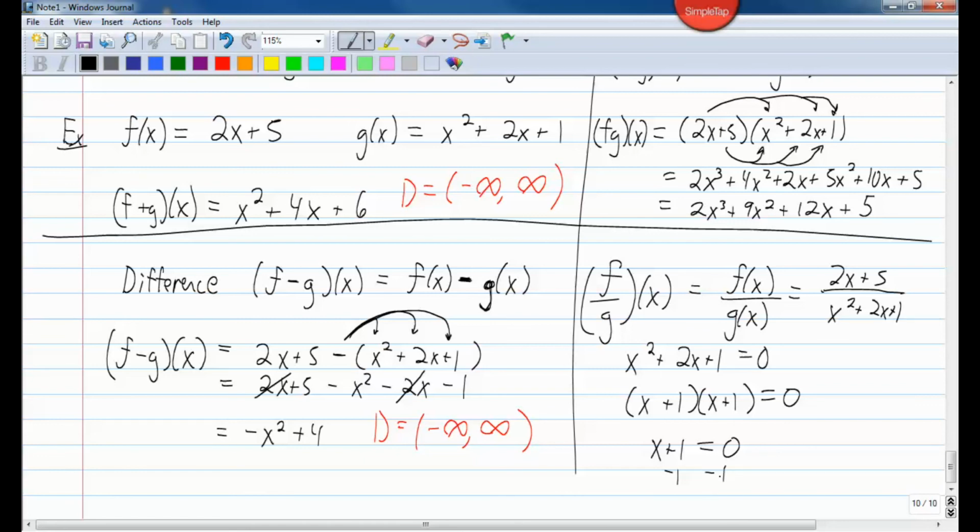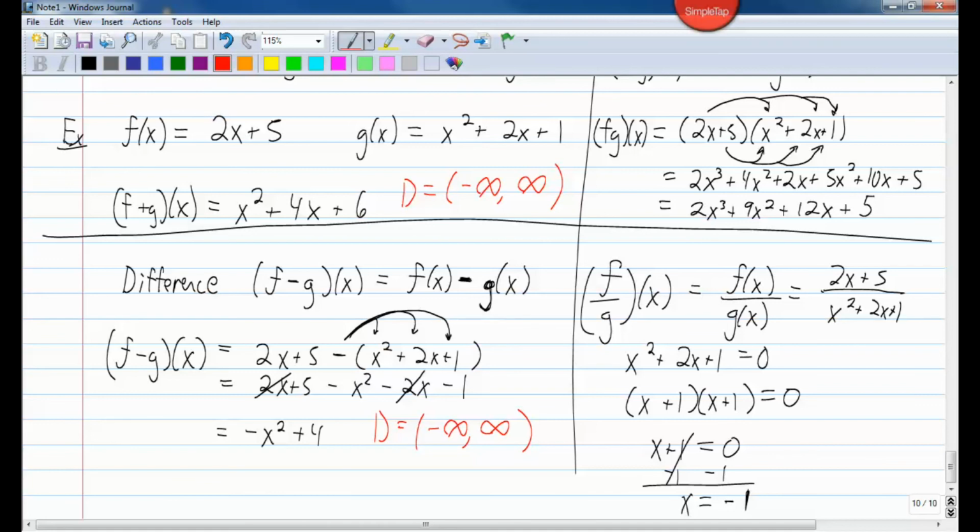So I don't want x equal to -1. If x is -1, then this denominator is 0, and that's a problem. So the domain is going to be all real numbers except -1.